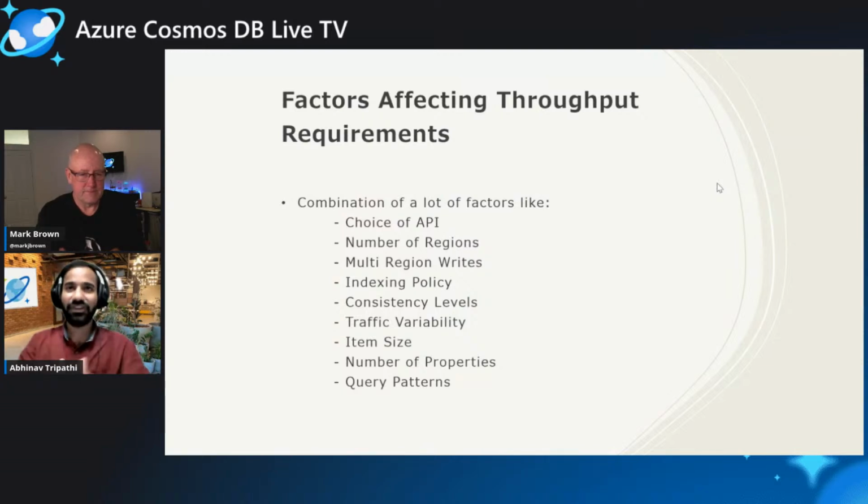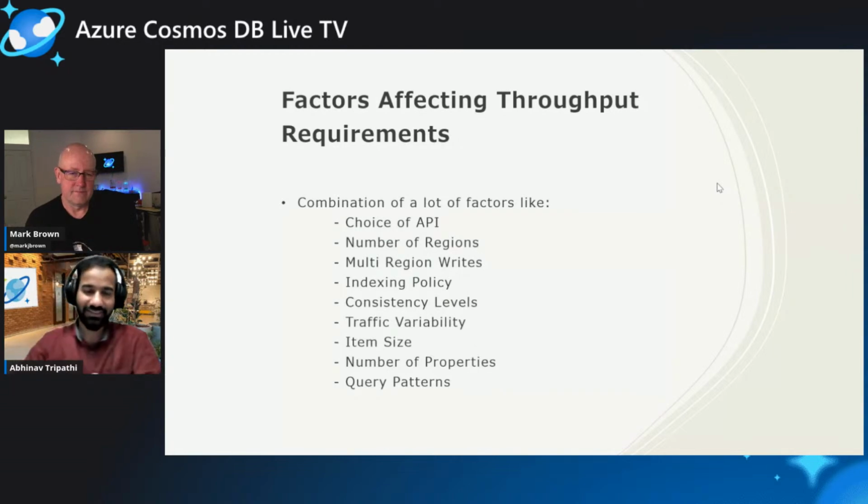So when we talk about throughput requirements, there are a lot of factors that affect them. As I said, the primary things are compute, memory and IOPS, which we have already abstracted out.